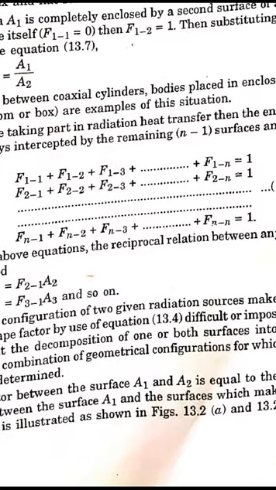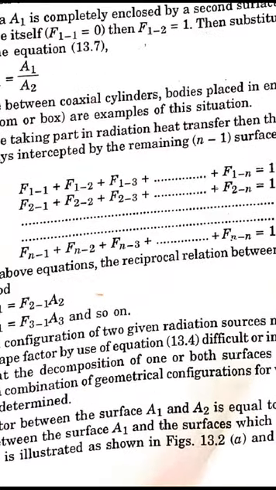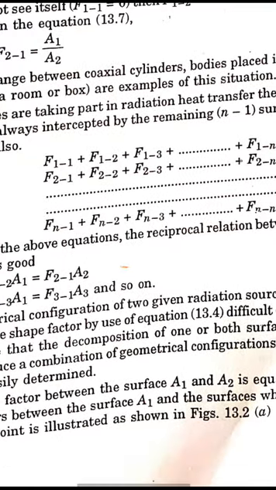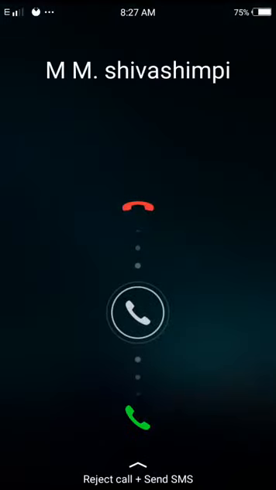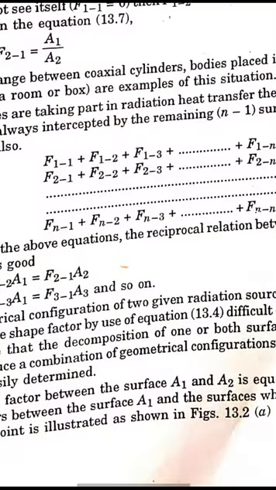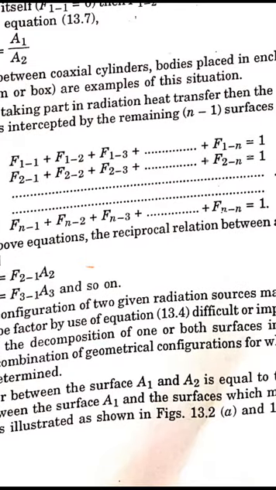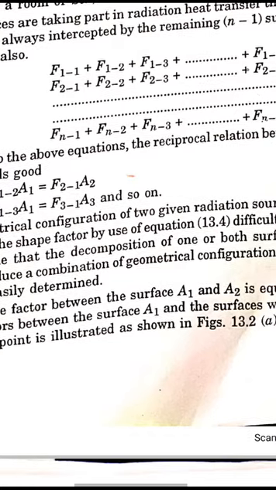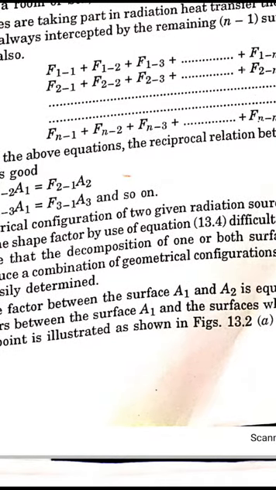So F11 plus F12 plus F13 up to F1n equal to 1. Similarly, F21 plus F22 plus F23 up to F2n equal to 1. Similarly, Fn1 plus Fn2 plus Fn3 up to Fnn equal to 1. This is the relation.